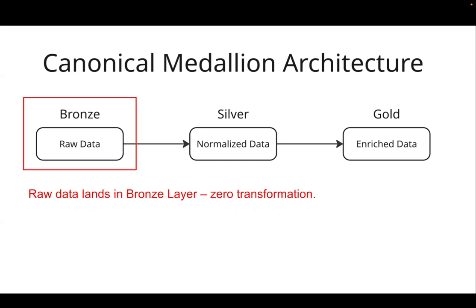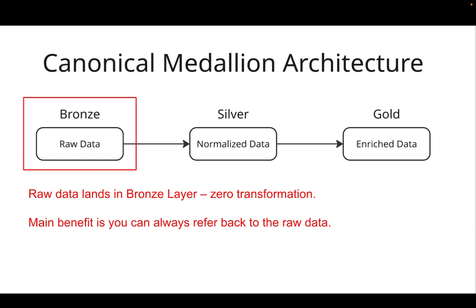So, going through each of the layers, the bronze layer is where all the raw data lands, and there's zero transformation that happens. You get files, you connect to source database systems, whatever. You're just loading this data directly into the data warehouse, untransformed.